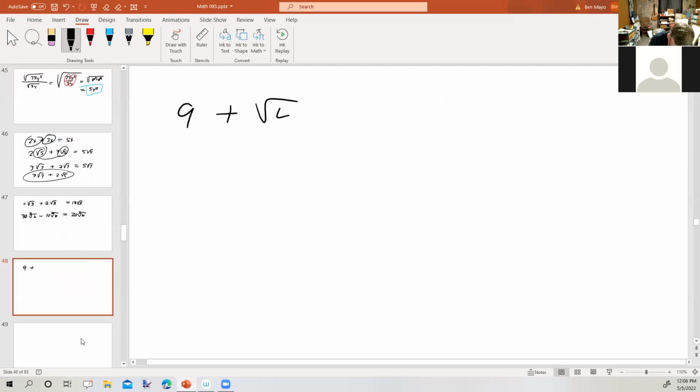All right. Now, what if we have something like this? 9 plus the square root of 45 plus the square root of 20 plus 16. Well, the 9 and 16 are alike, but the square root of 45 and the square root of 20 don't appear to be like radicals yet. What we need to do first of all is simplify each radical term. Let's take the square root of 45.